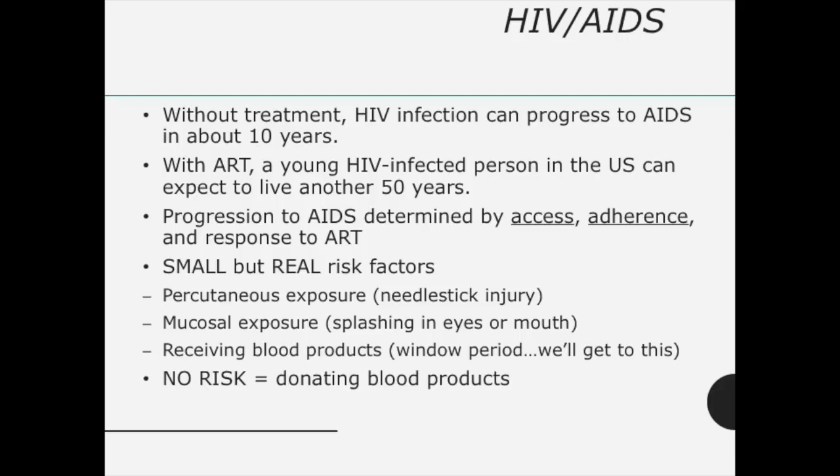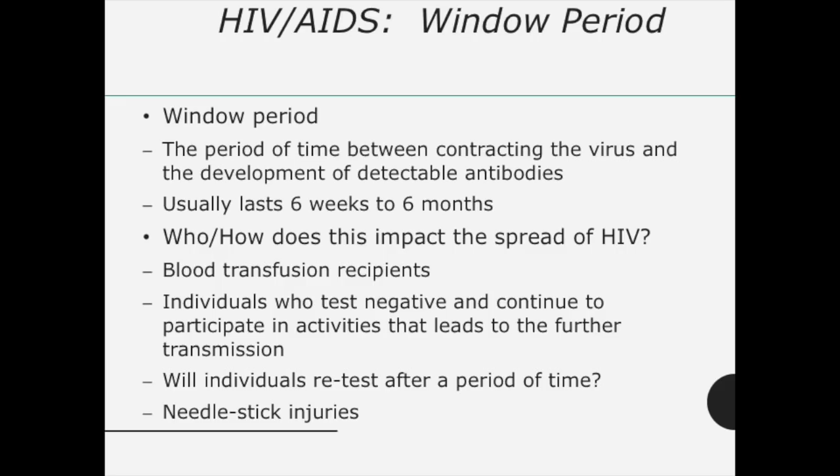And when you think about receiving blood products, there is a window period where someone could potentially donate but not show up as HIV positive because it's still within that early window. Now, if you are actually going to donate blood, there's no risk that you're going to get HIV. When we talk about the window period, this is what I was referring to.